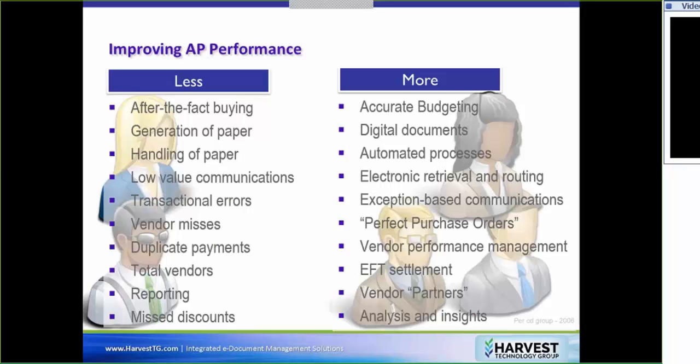If you can add value and reduce costs in a meaningful way by focusing on the right side of the column, it reduces the amount of errors and challenges we see on the left side. So with this as the overall backdrop, with us wanting to do more of what's in the more column and less of what's in the less column, let's take a look and see how technology can help.